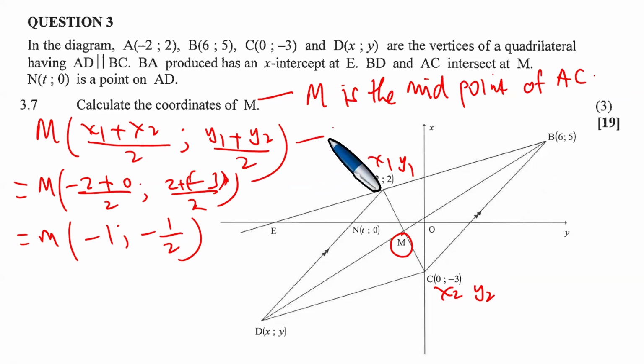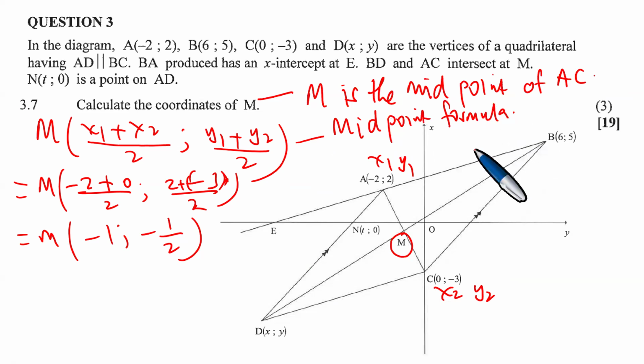This formula is called the midpoint formula. So pay attention and make sure that all is well and you learn everything in order. Okay, so we continue to analyze the mathematics here and move to the next question.